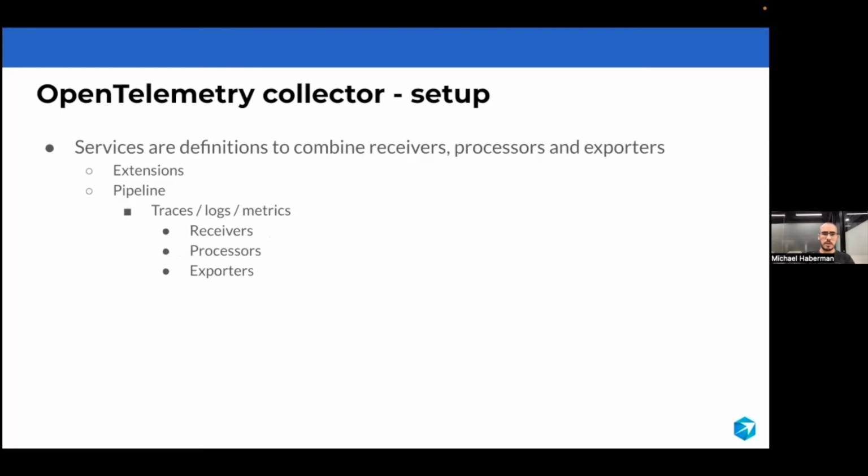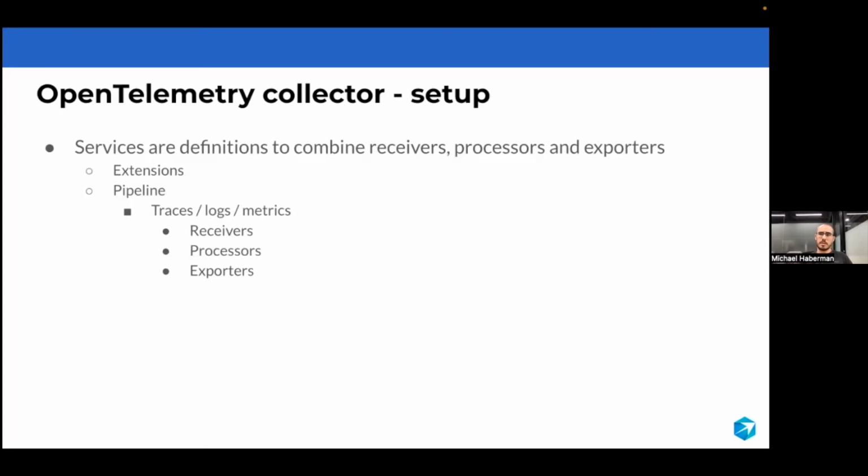Okay, so exactly talking about that. After you define exporters, receivers, and processors, you need to define a service. A service is the definition that wraps it all together. A service defines two main things: the extensions, that we will see in a second.